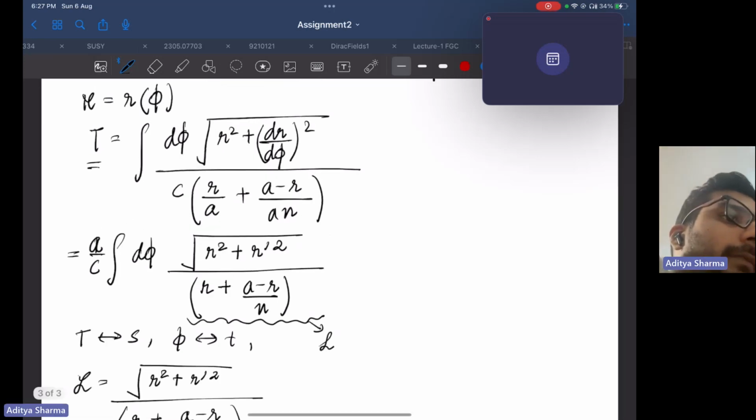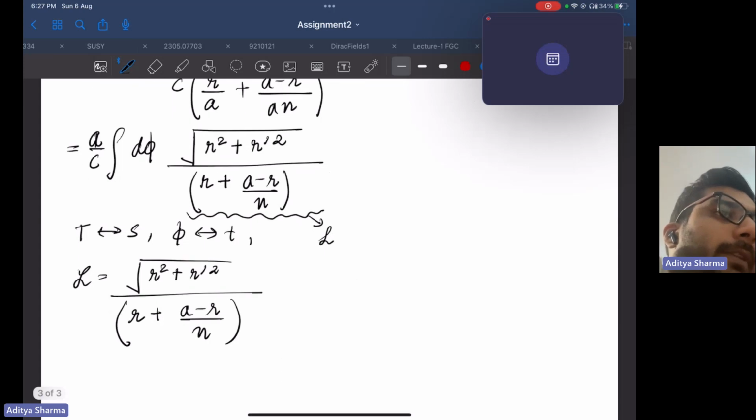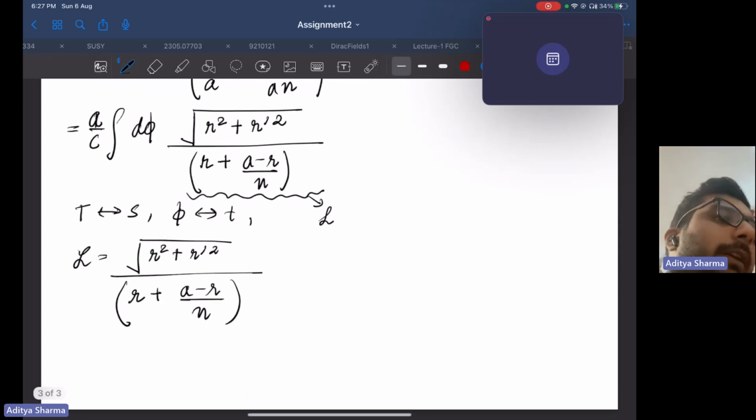That is, if we do the variational principle, we are going to get the Euler-Lagrange equation only. And the Euler-Lagrange equation in our case will be of this type actually.